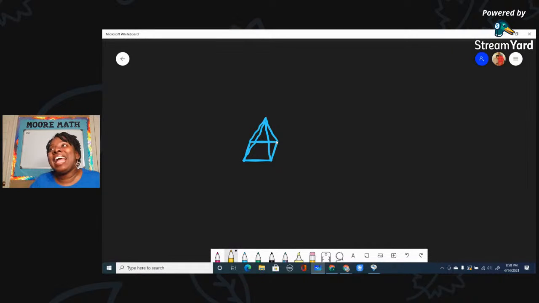But pretend that is a pyramid, right? And the base is 10. So this square here, the sides are all 10.